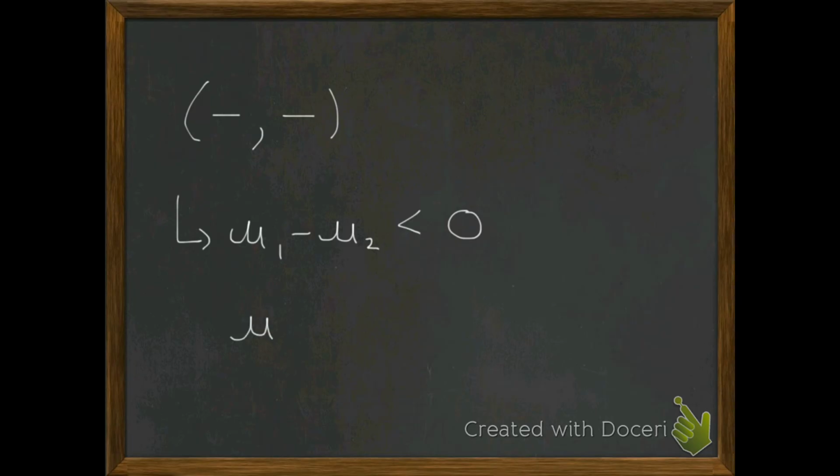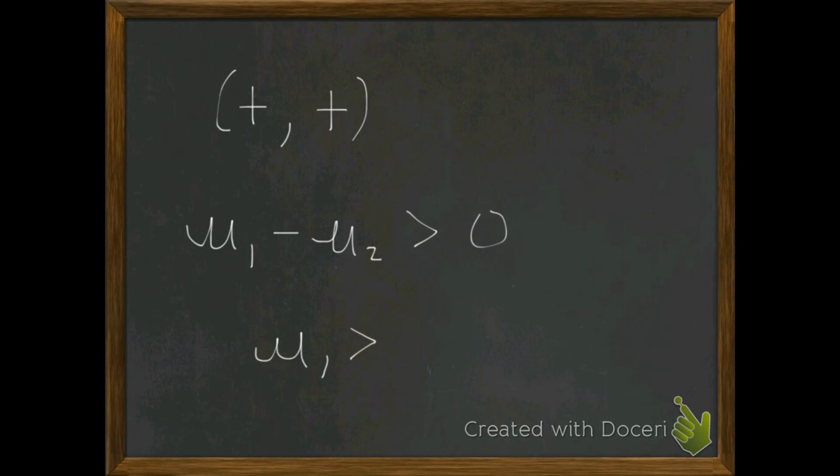Now, the other forms, the negative, negative, let's think about that. This tells us that the mean difference is less than 0 because we have two bounds that are negative, which tells us that the first mean is less than the second mean.